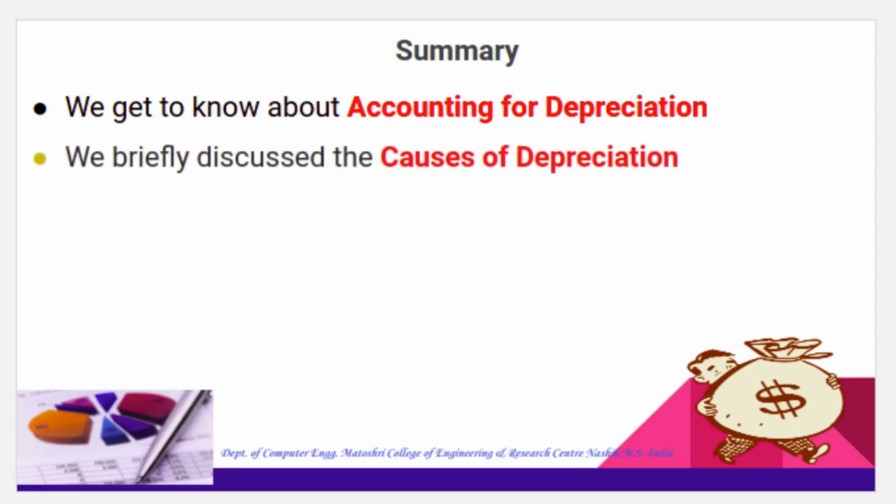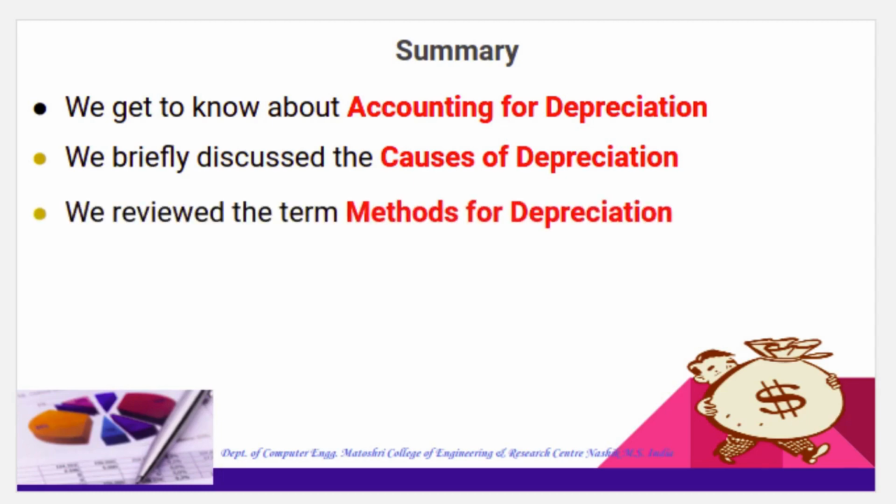We briefly discussed the causes of depreciation such as economic factors, passage of time and depletion. We reviewed three popular methods of depreciation calculation: straight line method, written down value method, and sinking fund method. We concluded our session with the discussion on direct and indirect tax.